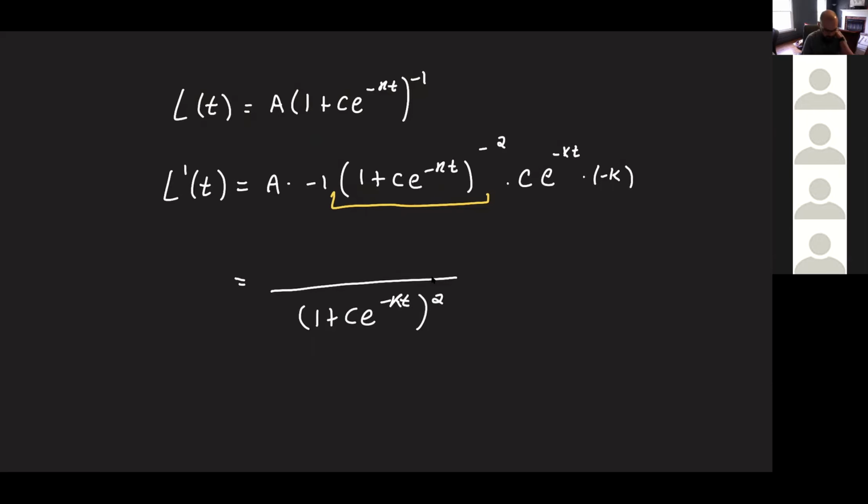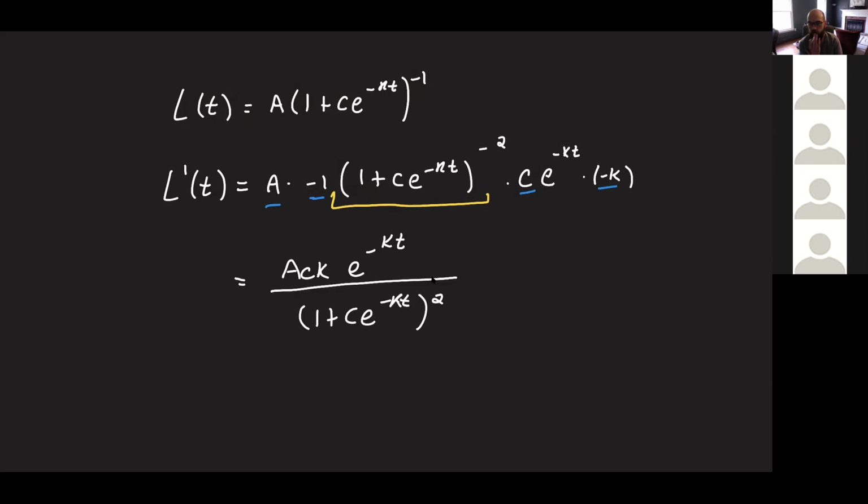And in my numerator, we'll have an a, so a comes down. Let's group some other things together. I'm going to get a c, a minus k, and a negative 1, so that becomes ck. So you get a c k, and then e to the minus kt. All right, so this is going to be my derivative.